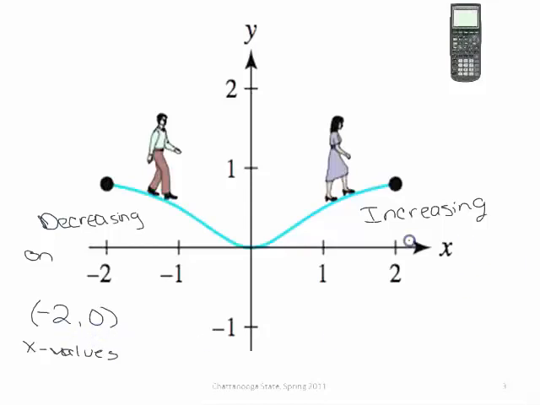We would say that this same graph is increasing on the interval from where x is 0 to x is 2, because it stops at x equals 2. So this is an interval of x values. It's not an ordered pair. It's interval notation.